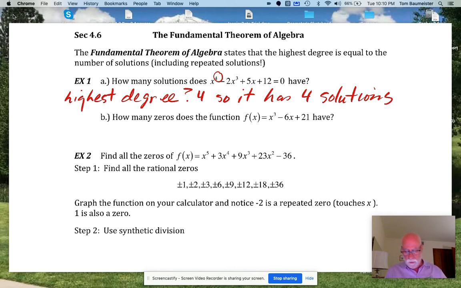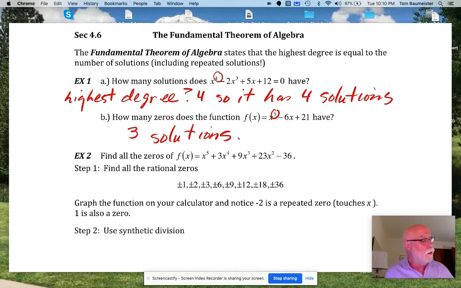And how many zeros does the function f of x equals x cubed minus 6x plus 21 have? On that one, you got a 3 there. So it has 3 solutions. On those, it's just kind of telling you what to do there. How many solutions?